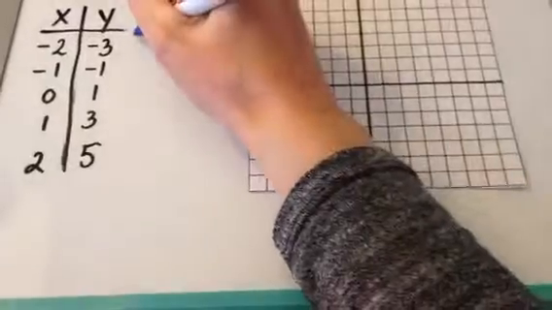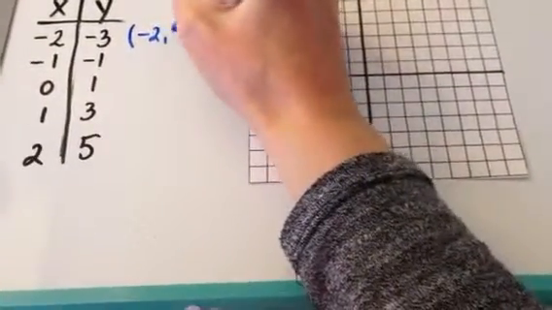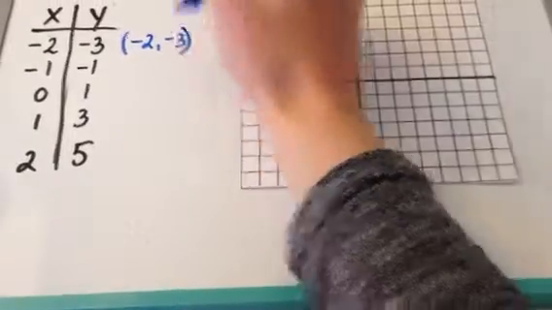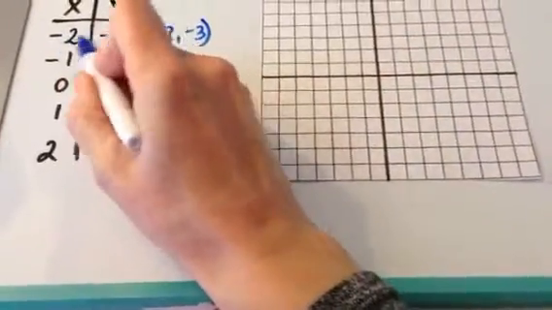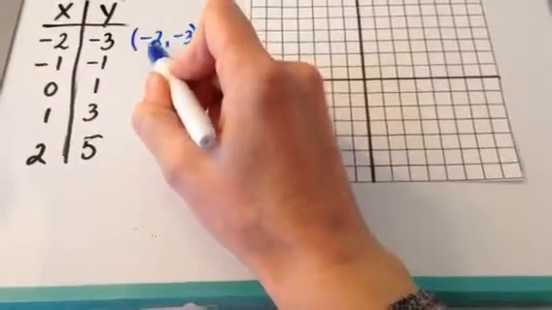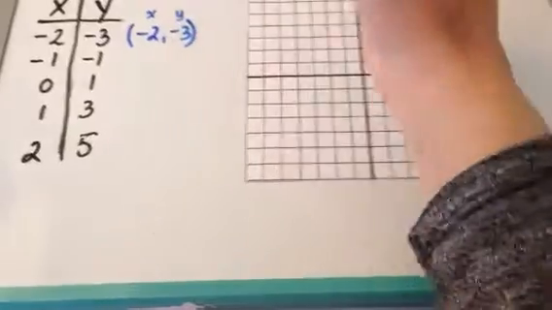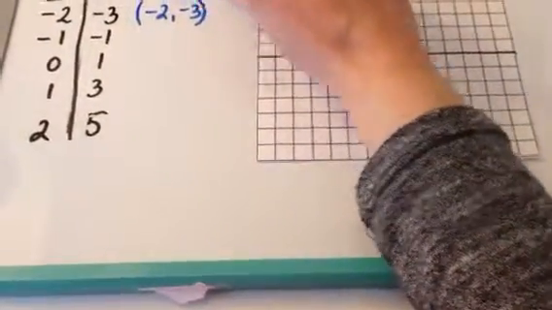So our first set of points that we have here is the -2 and -3. So these two values here create our first point. The x is always first and the y is always second in your points.